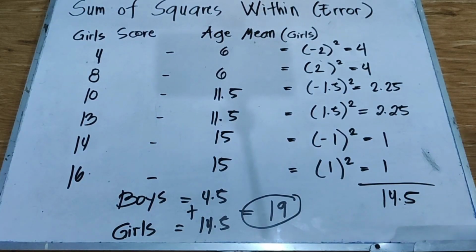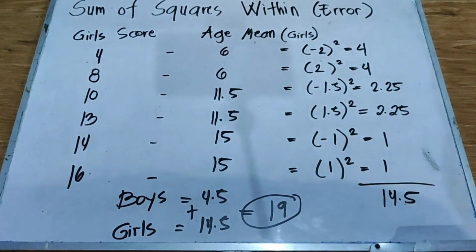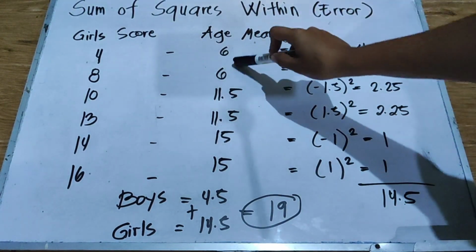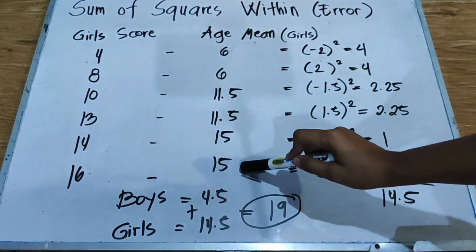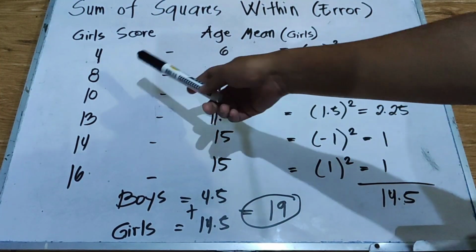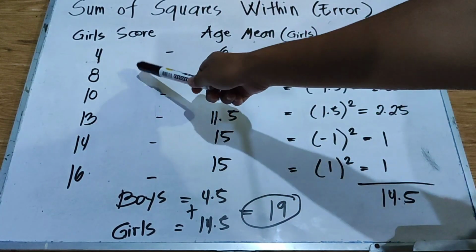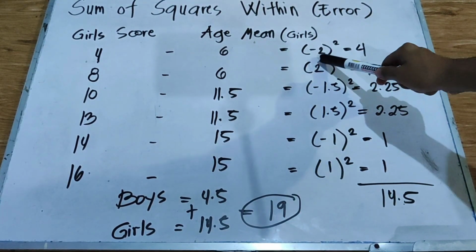Let's proceed to the computation for the girls group. The scores of the girls are 4, 8, 10, 13, 14, and 6. The age mean is for 10 years old, then these two are for 11 years old and for 12 years old. So, we subtract the girl's score and the age mean. 4 minus 6 is equals to negative 2.